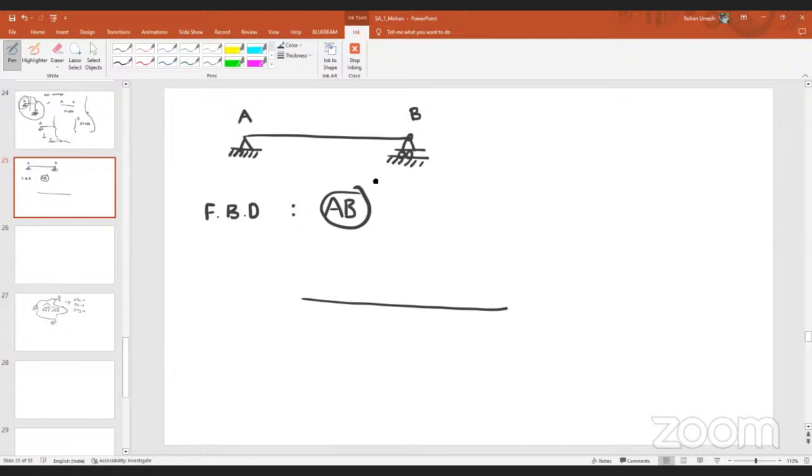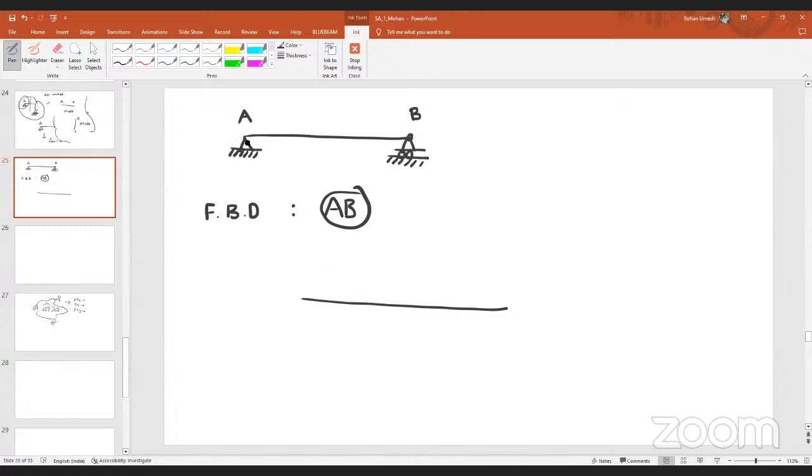Now, after that, you have to represent the action of the surface or the contact point on the beam. So what is the action that the hinge support is creating at point A on the beam? This hinge is not allowing any deflections.